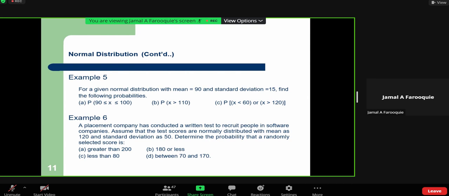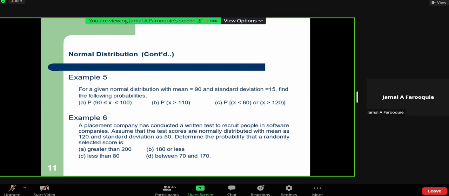I'm talking about the first part, A. So if there are say 1000 candidates who have appeared in this placement written test, of which the mean was 120 and standard deviation was 50, and we randomly choose a candidate, what is the probability that his or her score is 200 or more?